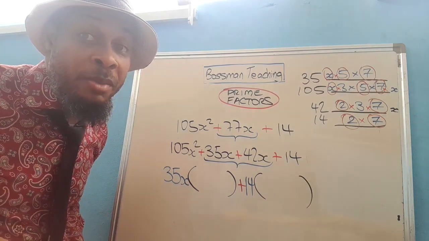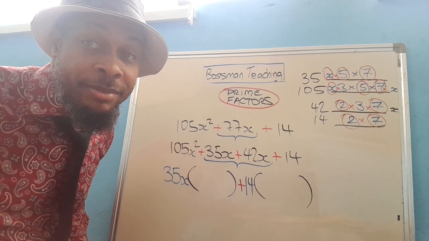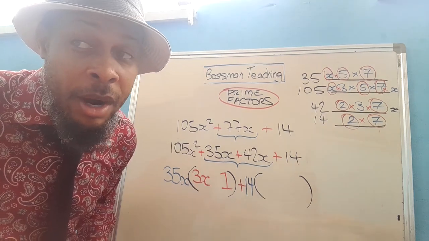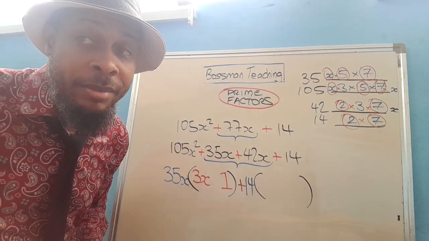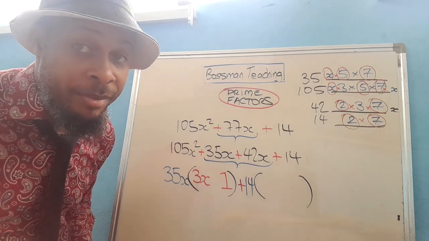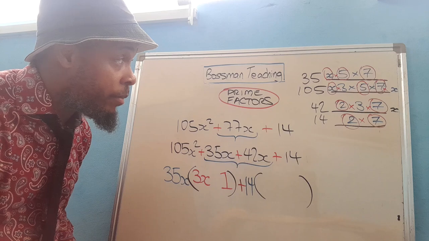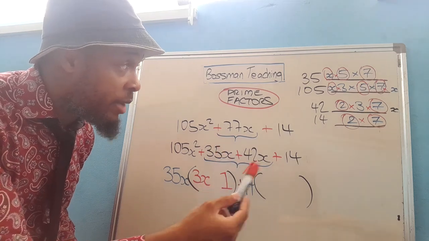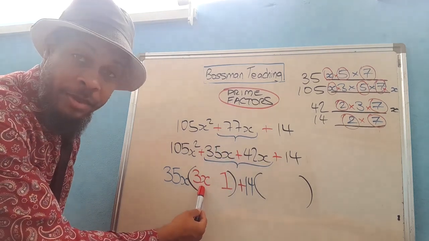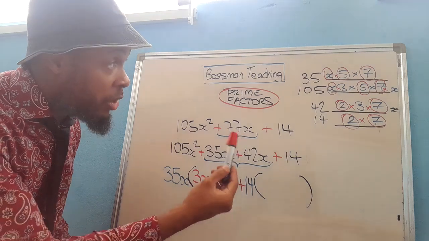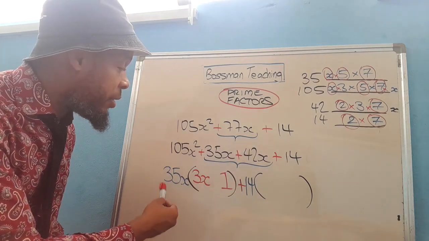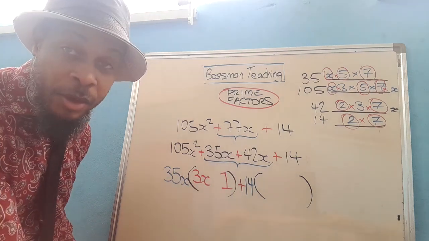So now, what do we do? Alright, so are we seeing it yet? No? So when you look over there, the only thing we didn't circle is 3 and x. So, 3x. We circled everything. 35 divided by 35 will give us 1.